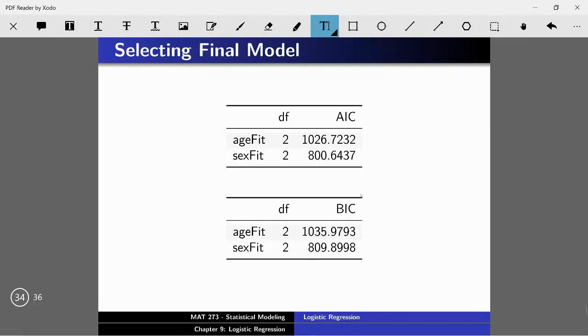So AIC and BIC suggest that if we're going to use a one predictor model here, we should use the model with the sex of the passenger as a predictor, which is not too surprising based on the regression output that we saw earlier. So again, the main takeaway, we want to select the model with the smaller AIC and BIC.